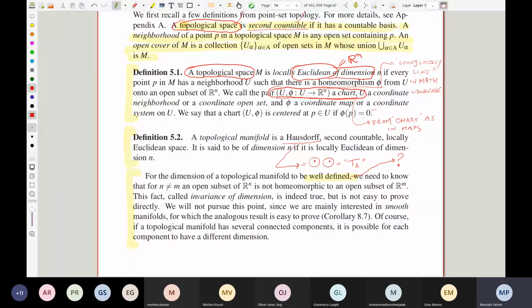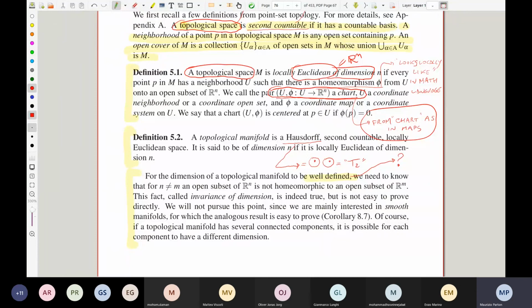because it is a chart just like in maps. I mean, in geography, you have maps. You have a flat piece of paper telling you how the Earth is made. The Earth is a sphere, okay? It's not a piece of paper.